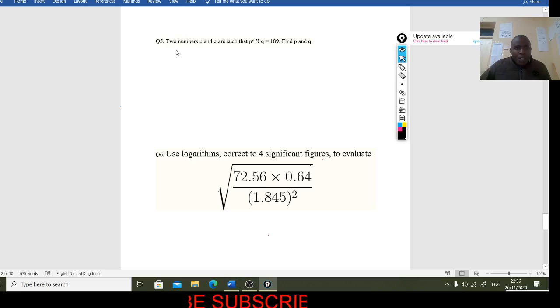a question like this, two numbers p and q are such that p cubed times q equals 189. So you must think on how you can write this in a number cubed times another number. So I'll think on how I can write 189. You start with 2, but 2 cannot go there, so you start with 3. 3 can go there.